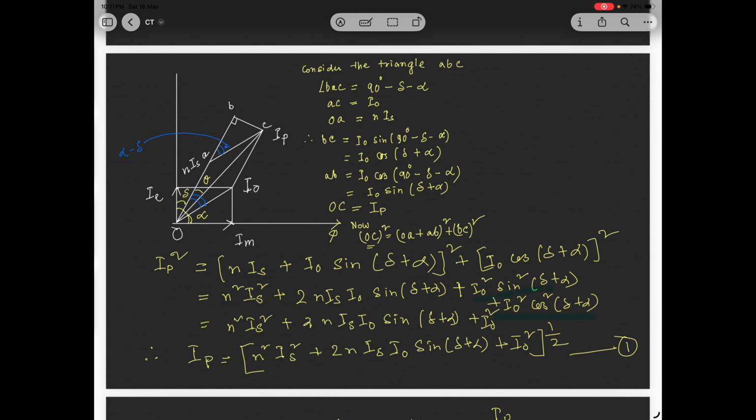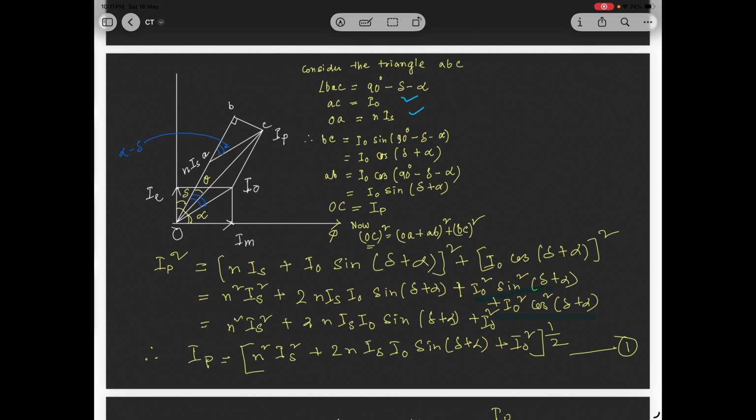So consider the triangle ABC. What is there? AC is equal to I0 and OA is equal to NIS and BC is equal to I0 sine (90 minus delta minus alpha).